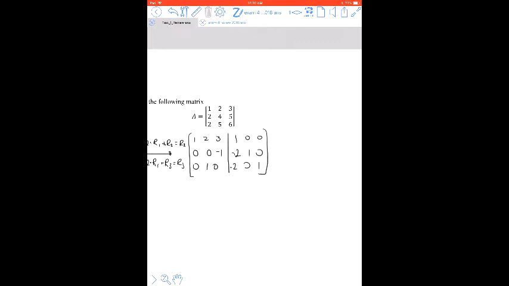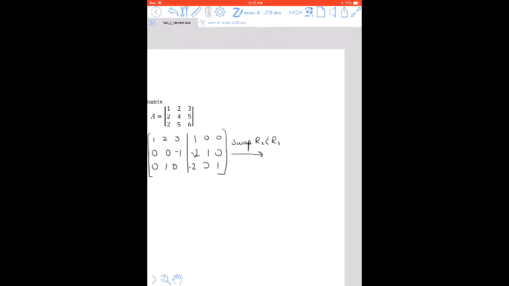So this bottom row right here actually would work better as my middle row, because I want this 1 to be in this spot right here. So my next operation is going to be to swap row 2 and row 3.